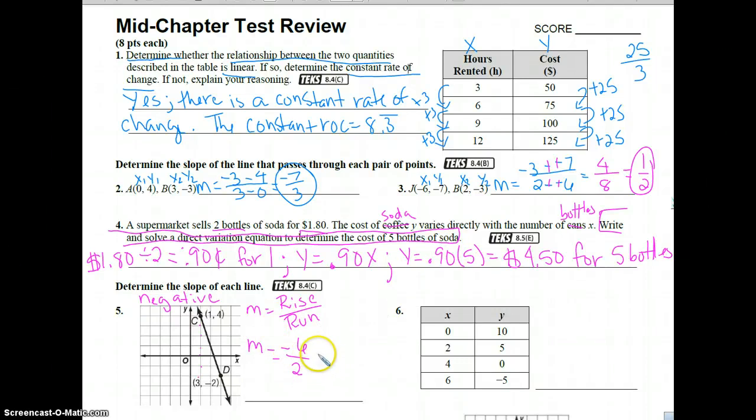And so I have a negative 6 over a positive 2, and I can even reduce that further by using what? Division, right? So negative 6 divided by 2 gives us what? Negative 3. So our slope of this line is negative 3.